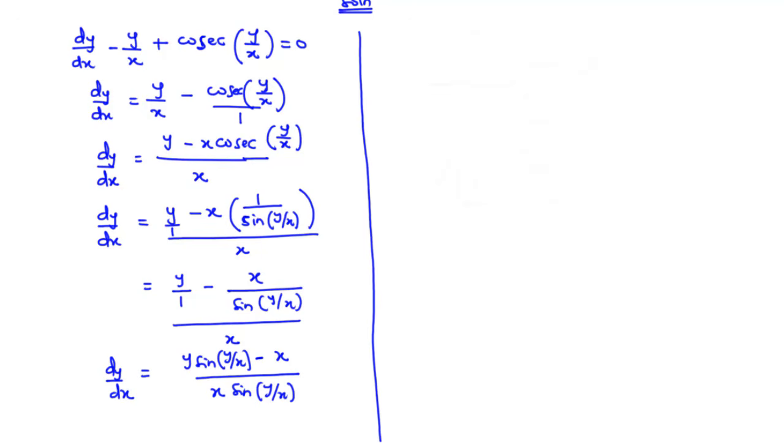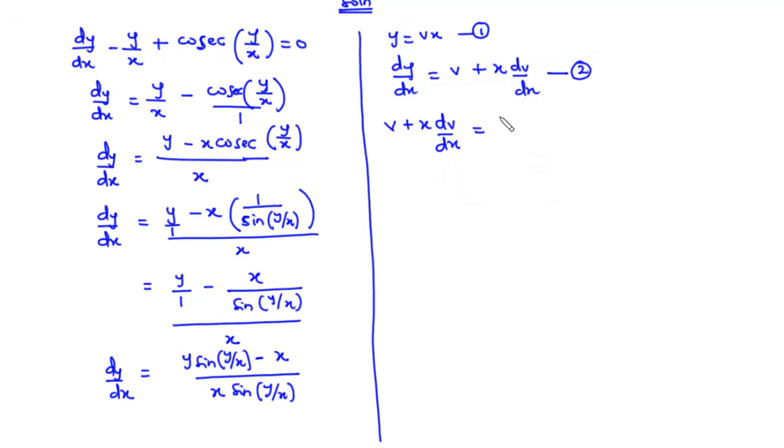So the next thing, we are going to substitute y equals vx, that is the first one, and then dy dx equals v plus x dv dx into this differential equation. So on the left hand side, we have v plus x dv dx equals, on the right hand side, y.